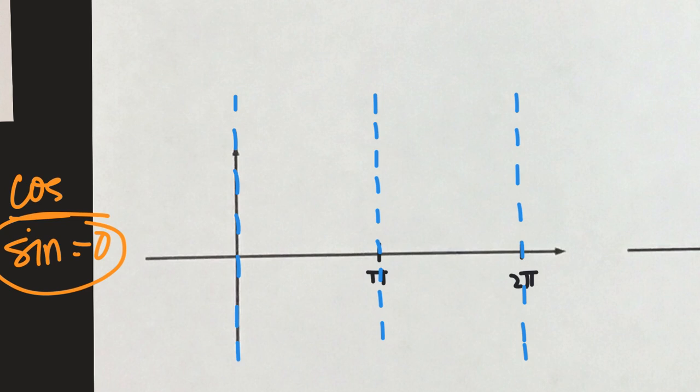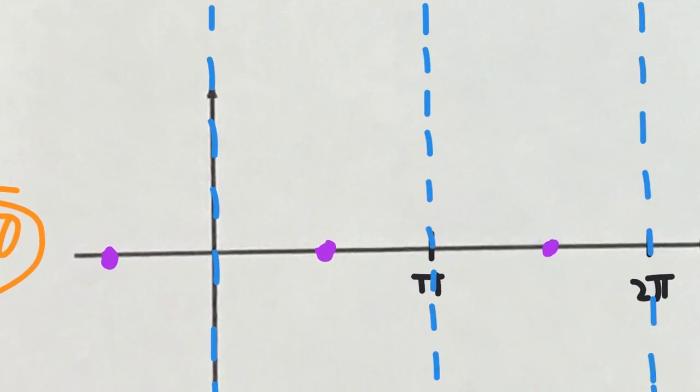Everything else stays the same. We put our zeros in the middle of your asymptotes, just like you did for tangent. Your zeros go in the middle. Now here's something else that changes. Pi over 4 is here, to the left of your 0. This 0 is at pi over 2.